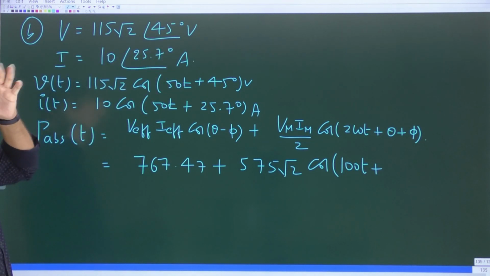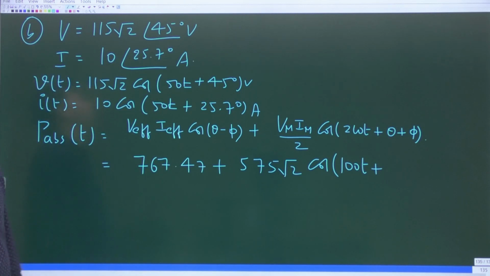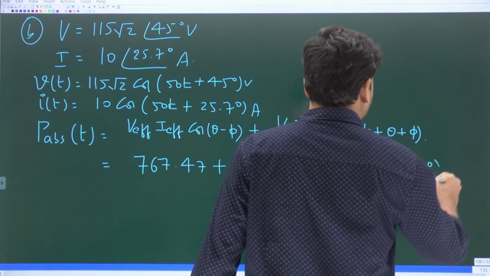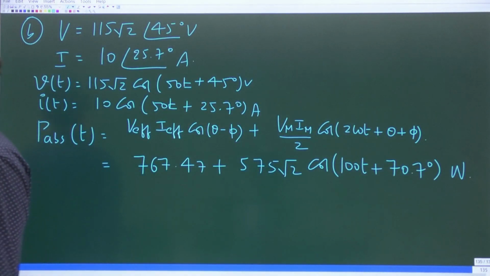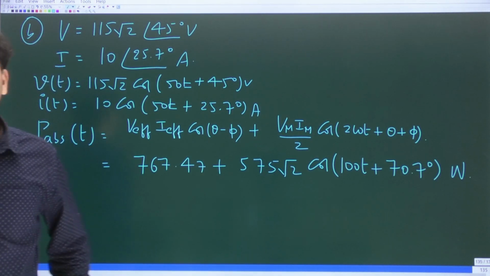Theta plus phi would be 45 plus 25.7, which is 70.7 degrees. Units watts. That's all. This is the power absorbed by that impedance as a function of time.